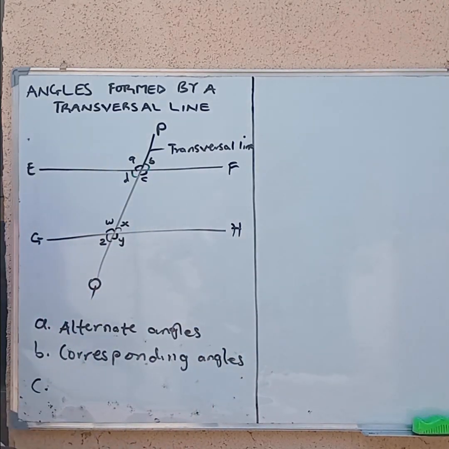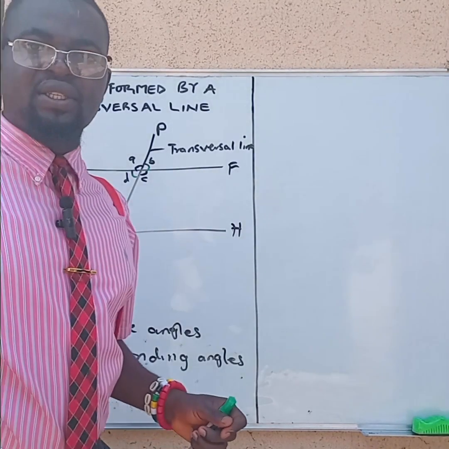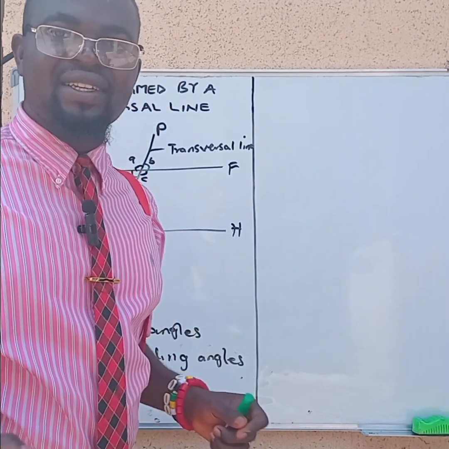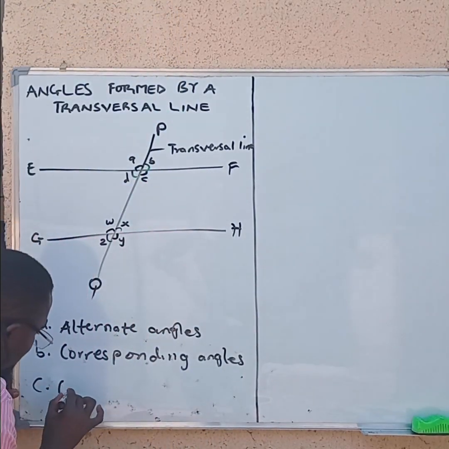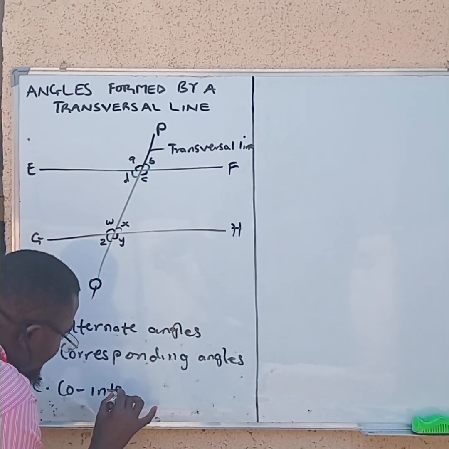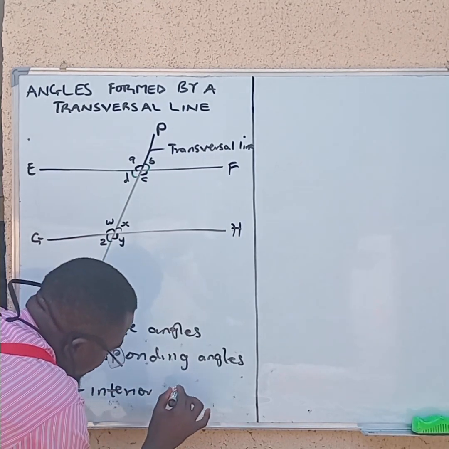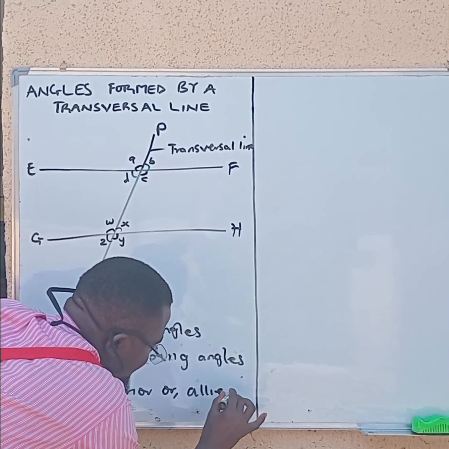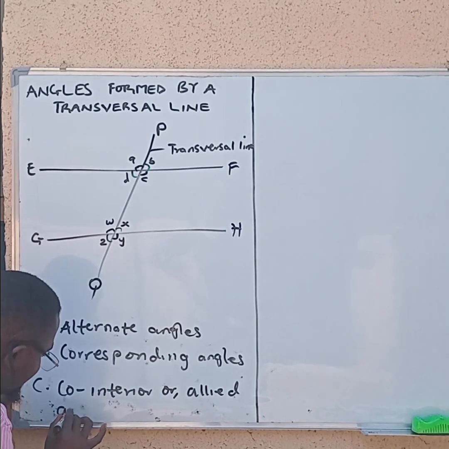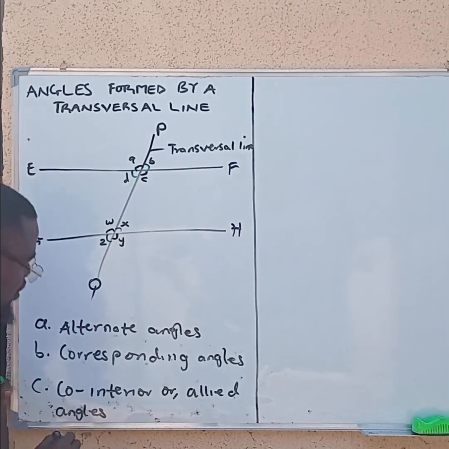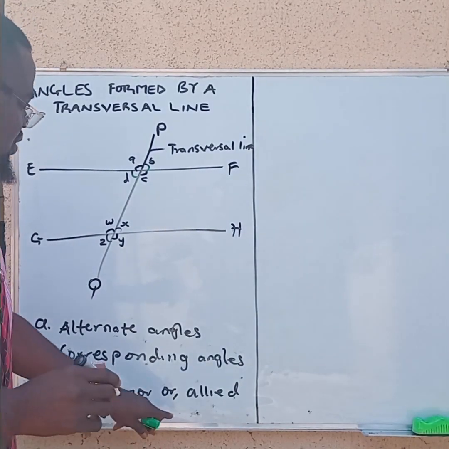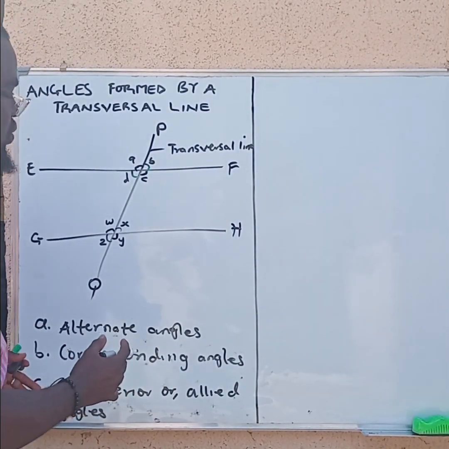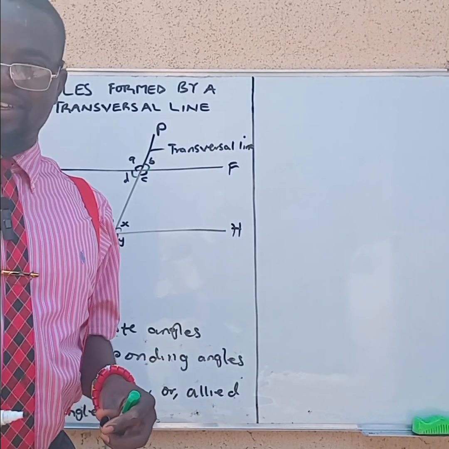And C, it forms what we call co-interior angles or allied angles. These co-interior allied angles always sum up to 180.